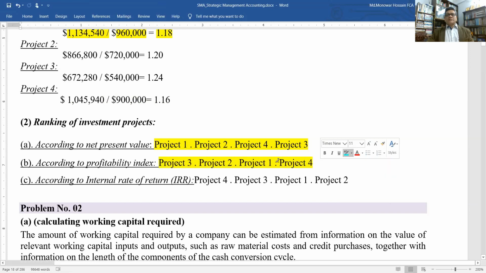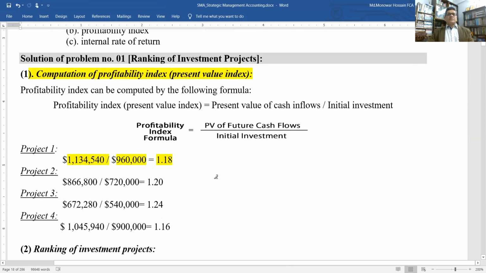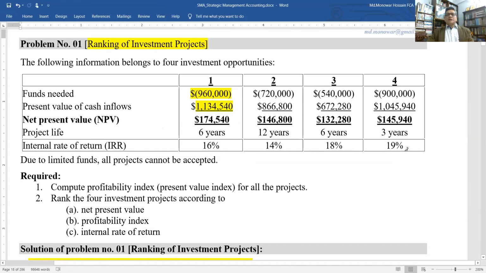Then according to internal rate of return, the highest is 4, then 3, then 1, then 2.